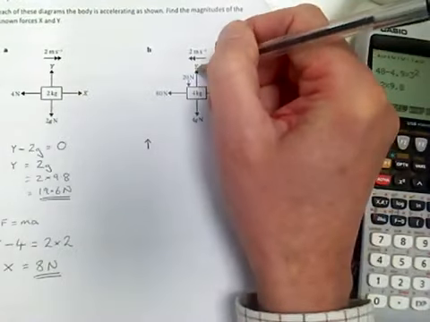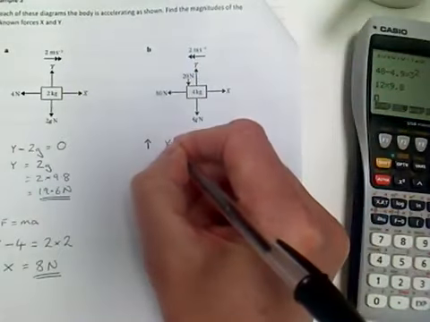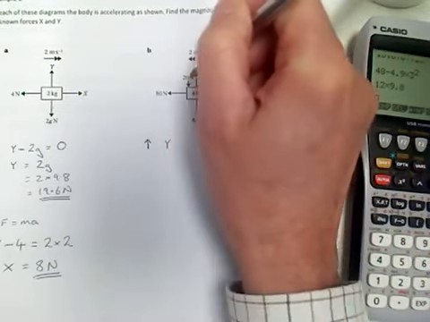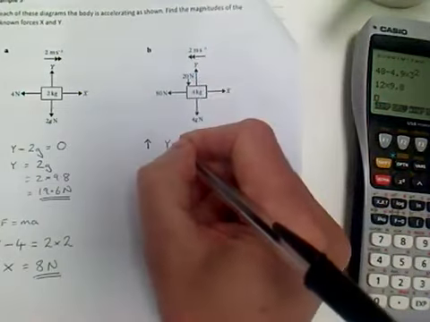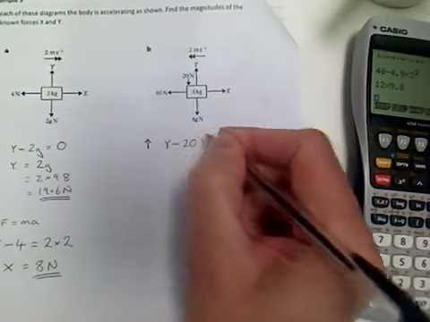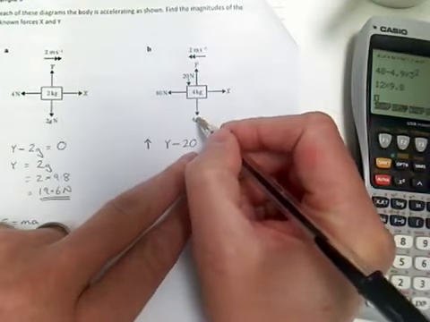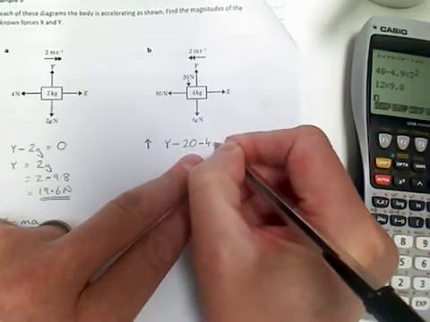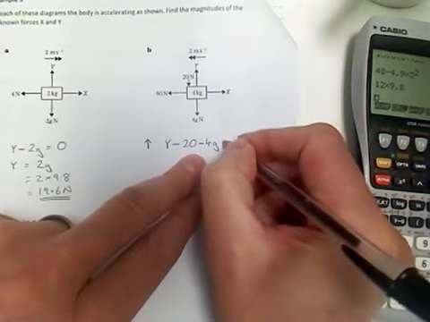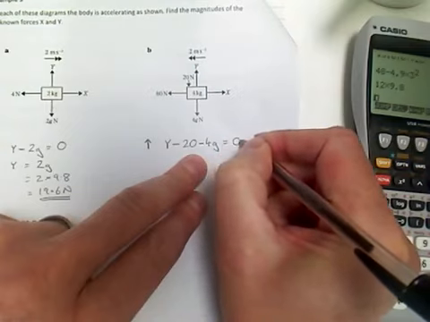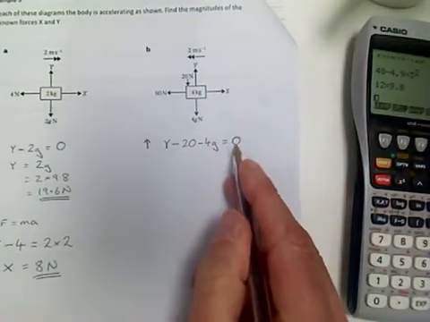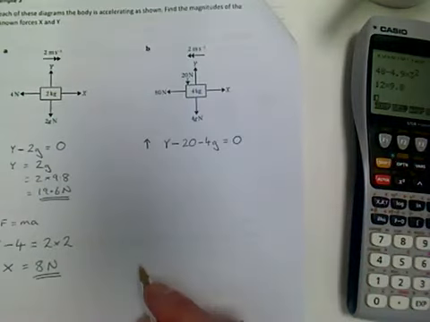So if I take up in this direction, I've got y. I have got a minus 20 because the 20 is in the downward direction. My 4g is in the downward direction, so that is negative force, and that is in equilibrium in that direction, so the acceleration is 0, so that all equals 0.